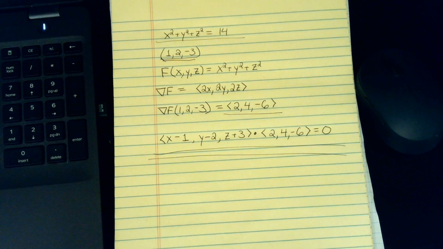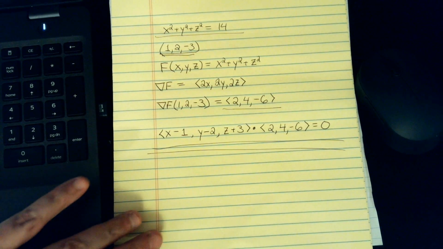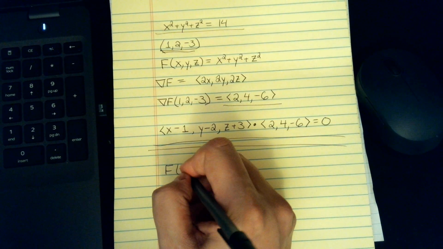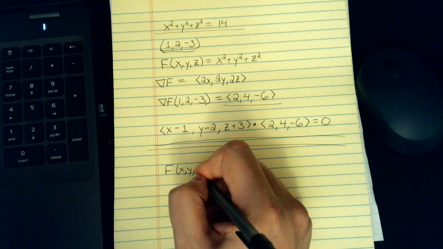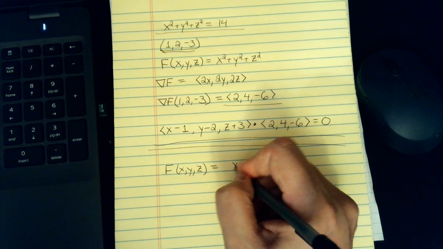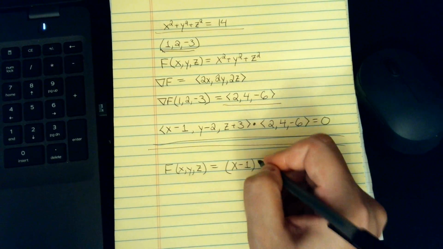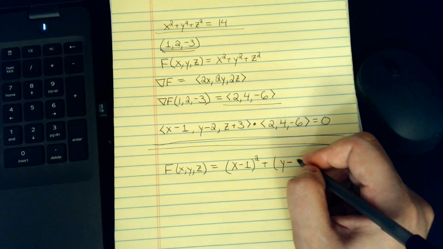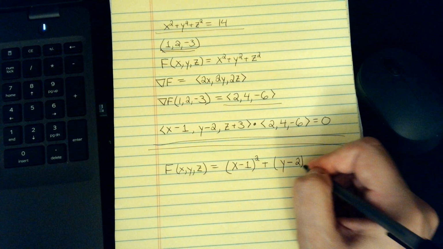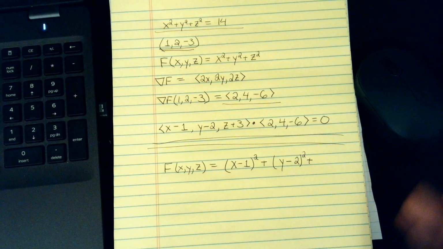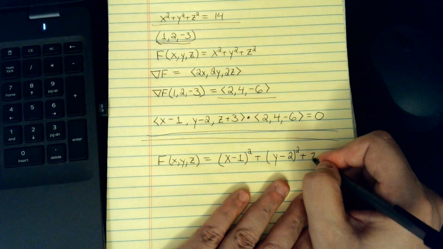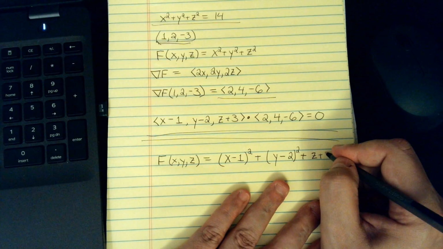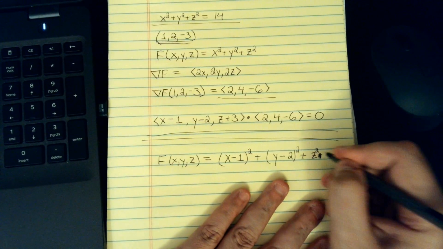Let me do something slightly similar, but slightly different. Let's take f of x, y, z to be (x minus 1) squared plus (y minus 2) squared plus z squared.